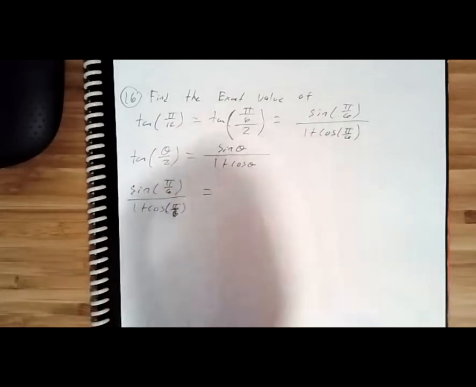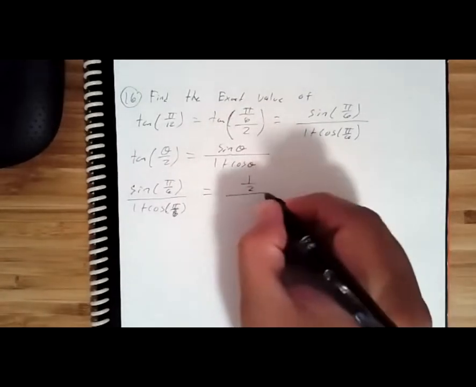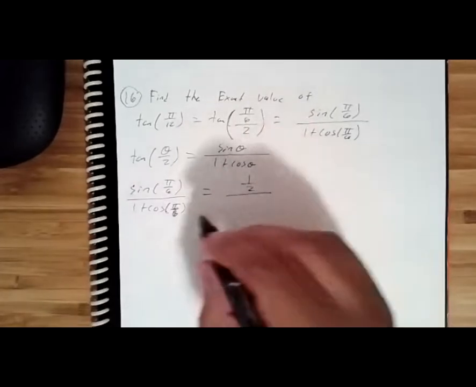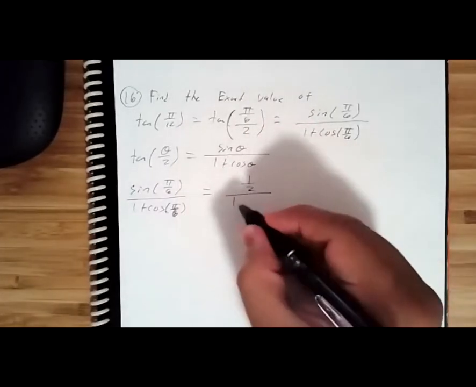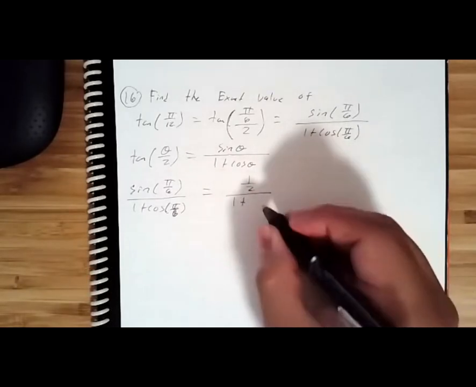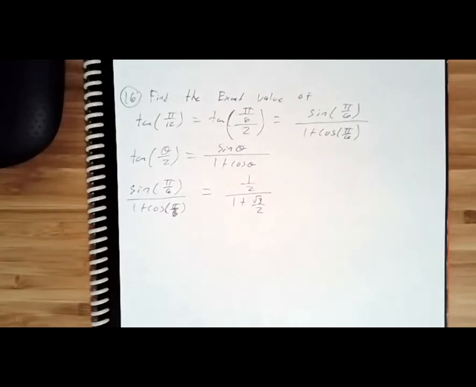What is sine of pi over 6? It's 1/2, right? And 1 plus cosine of pi over 6 will be square root 3 over 2.